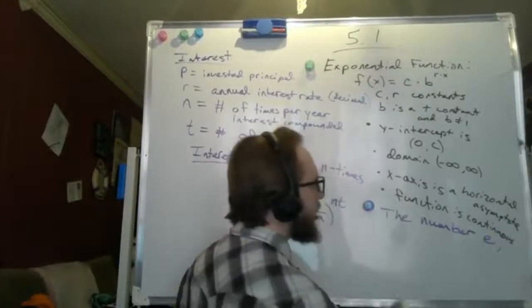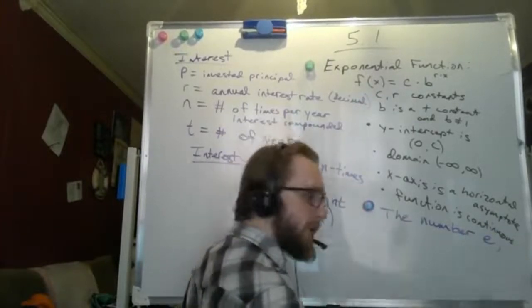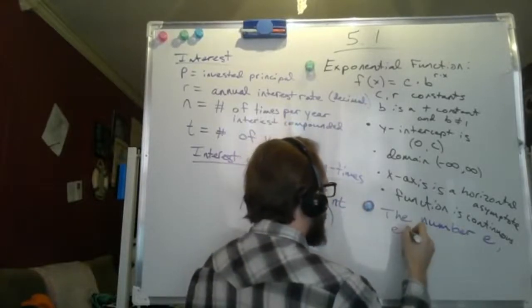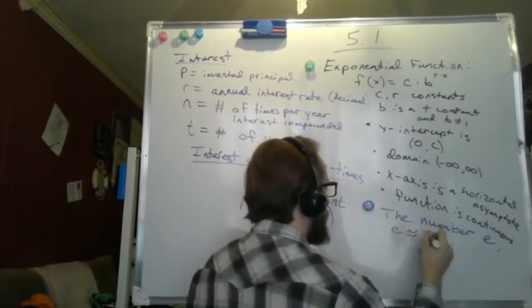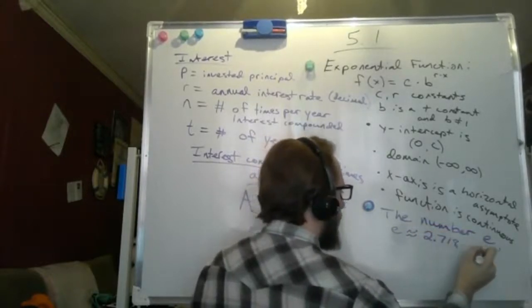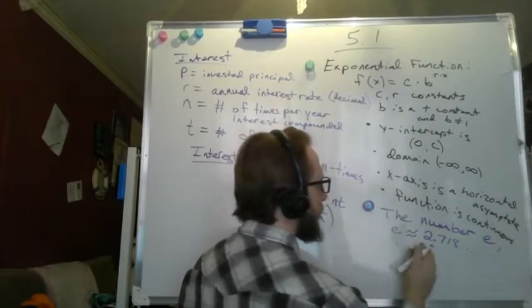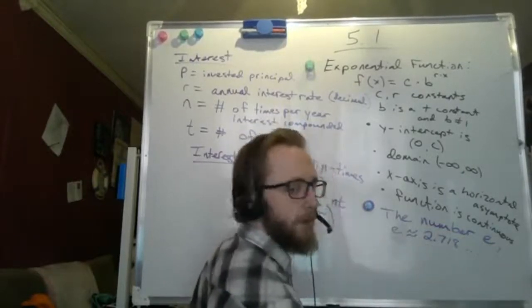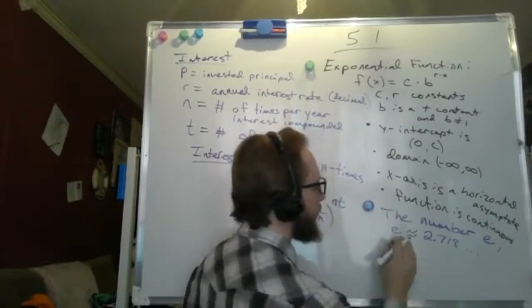What is e? Well, if you have a calculator or you can Google it, either way you can find this number. e is approximately equal to 2.718, and then so on and so forth. This number continues on forever, the same way that pi does. Pi goes on forever, so does e.